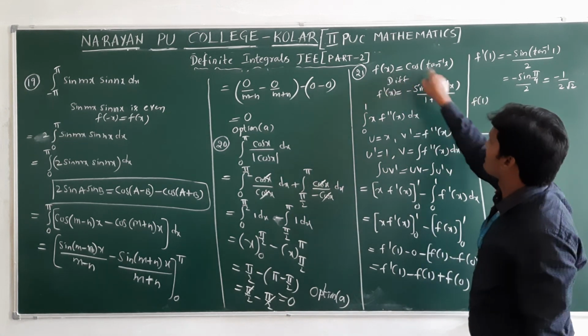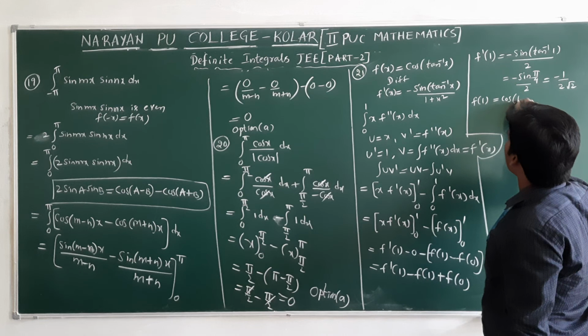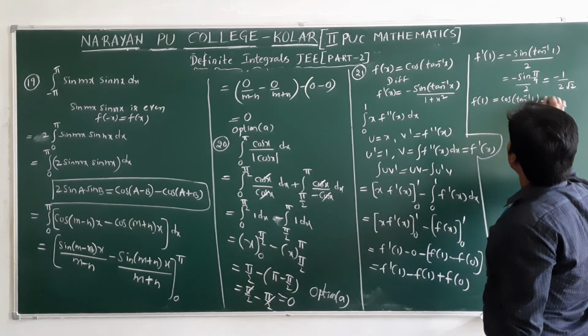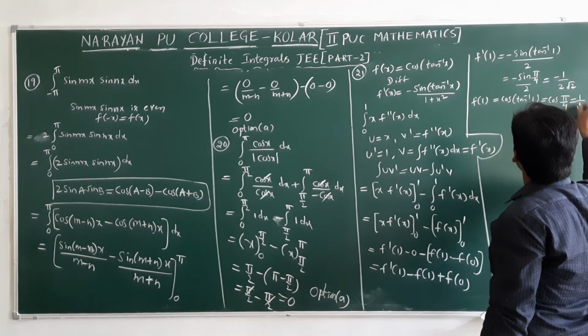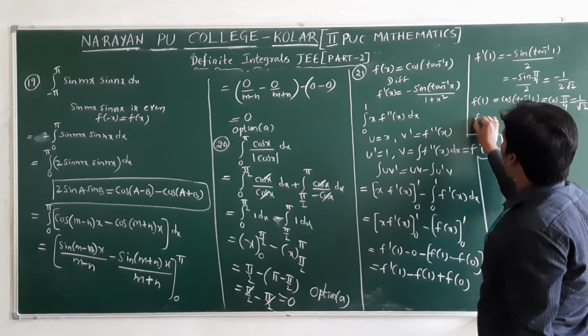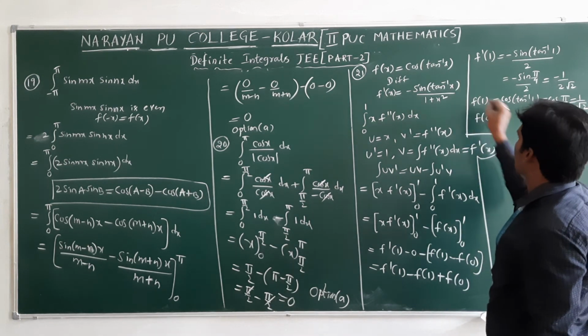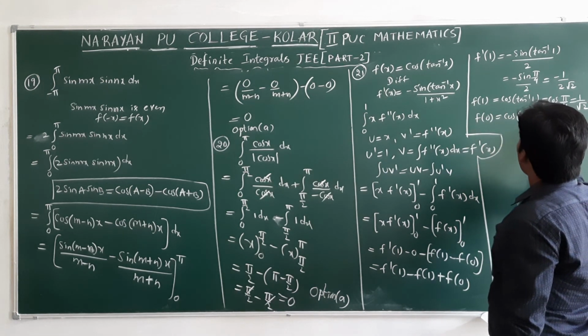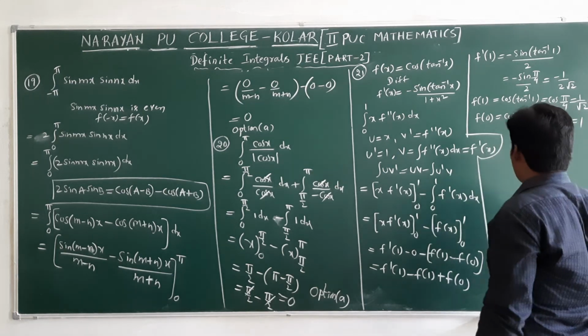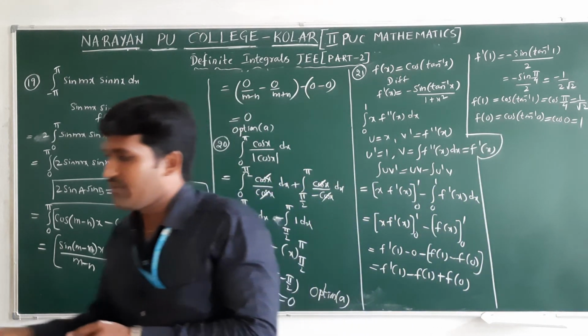Substitute here 1. Cos of tan inverse of 1, that is cos pi by 4. Cos pi by 4 means 1 by root 2. Finally we need f of 0 also. Substitute here. Cos of tan inverse of 0. Tan inverse 0 is 0. Cos 0 is 1. These are the three values we got.